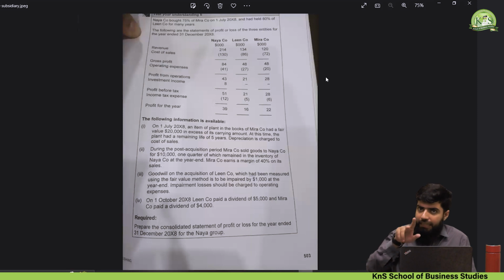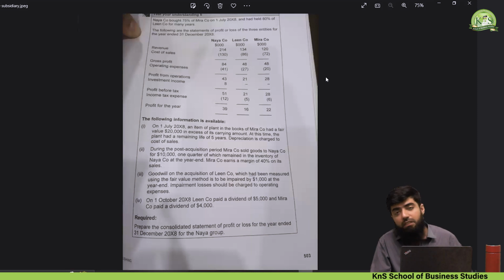That is a sale by the subsidiary to the parent company, 1/4 of which remains in Naya company's inventory at the year end. It means the parent has some unsold goods at the year end, so a provision for URP, unrealized profit, would arise. Media company earns a margin of 40% on its sales.